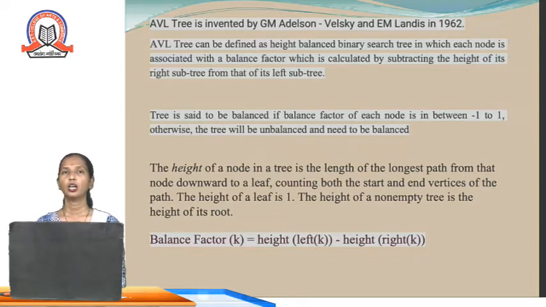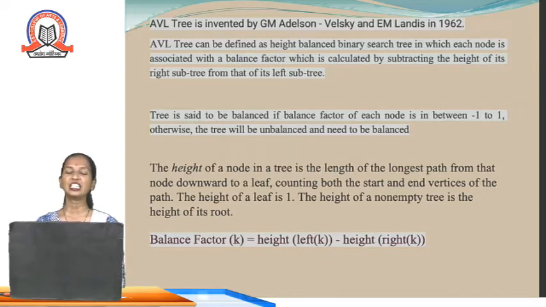Using the first characters of their names, the tree is called the AVL tree. The AVL tree is a height balanced tree in which each node is associated with a balance factor, which is calculated by subtracting the height of its right subtree from the height of its left subtree.